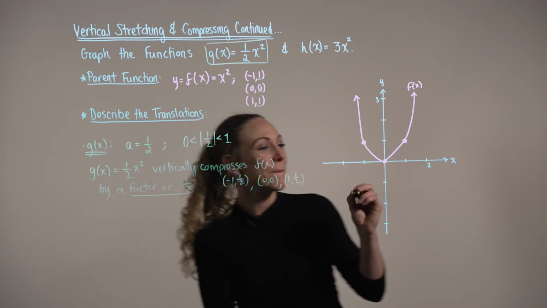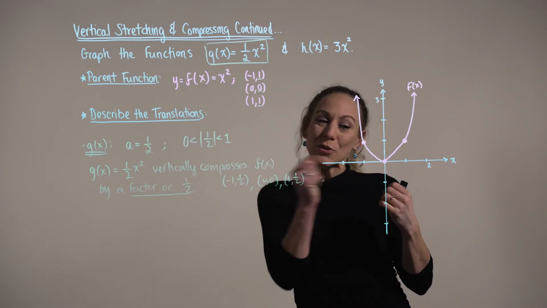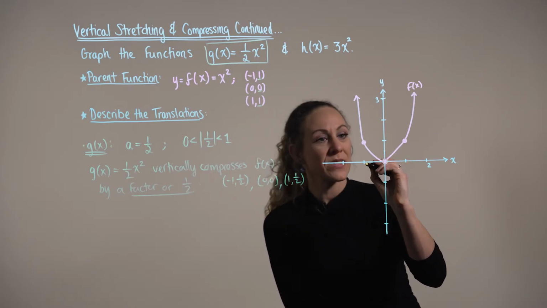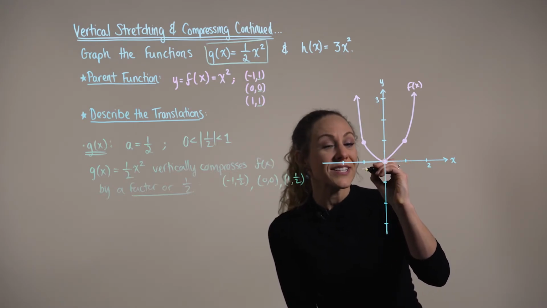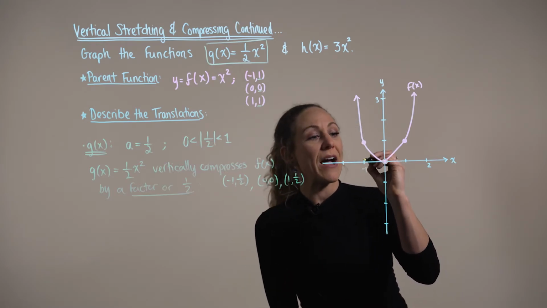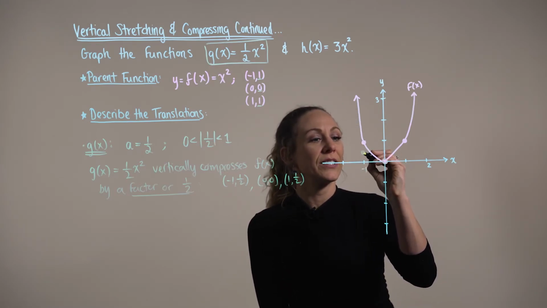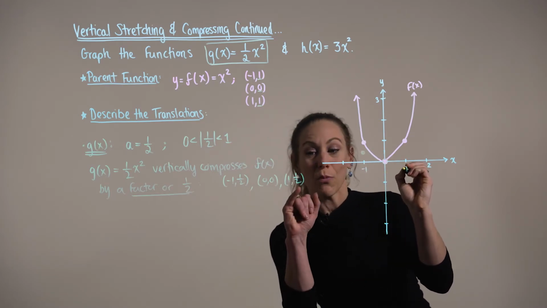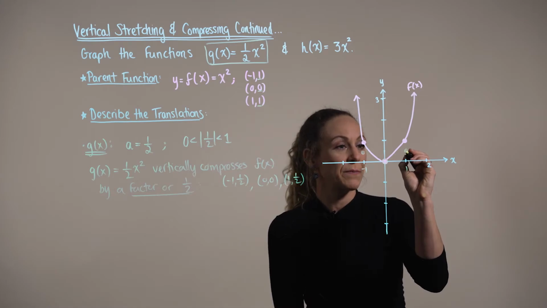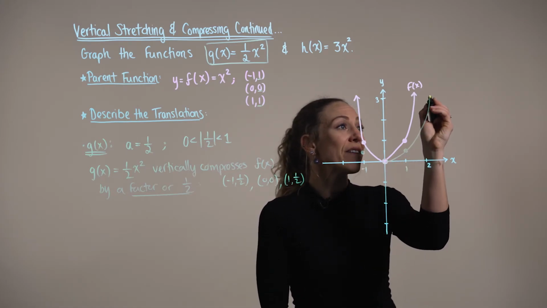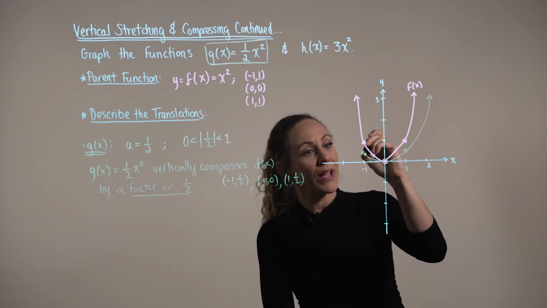So plotting these 3 new solution points on our graph, the origin will remain the same. Now here we have when x is -1, y is positive 1/2. And very similarly, when x is positive 1, y is also 1/2. So notice here how our y values are growing half as fast as the parent function.